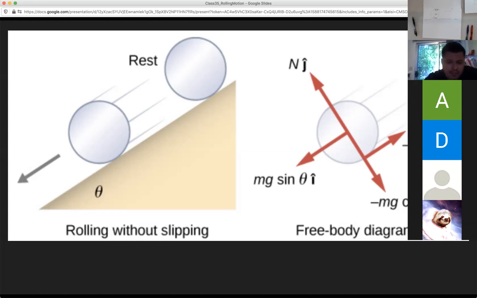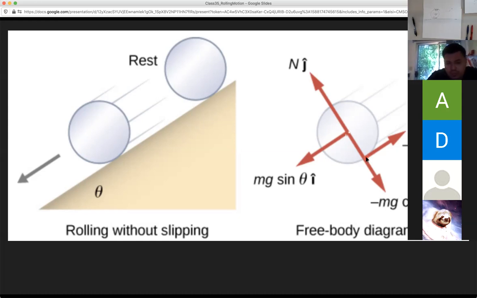Acceleration? Right? So it will change the acceleration because it's a force. But what else does it do? Is there a torque? Yeah, there's a torque because it's not located at the center of mass. The torque has a lever arm, right? So it wants to make the ball spin as it rolls down the ramp.